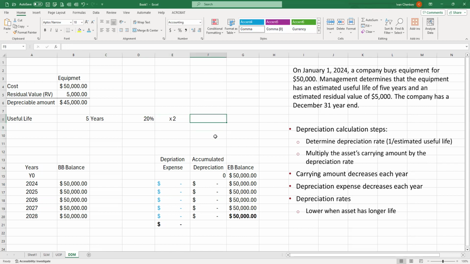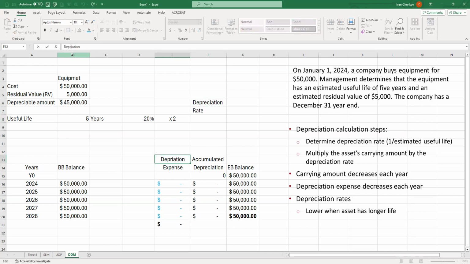So our depreciation percentage, the depreciation rate that we're going to apply in this case, is going to be depreciation.